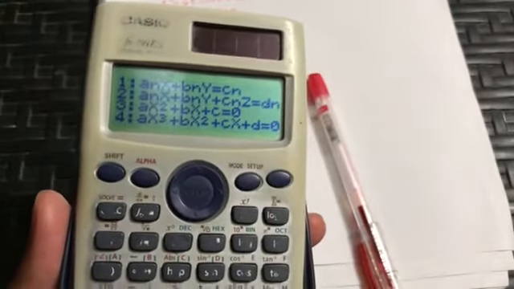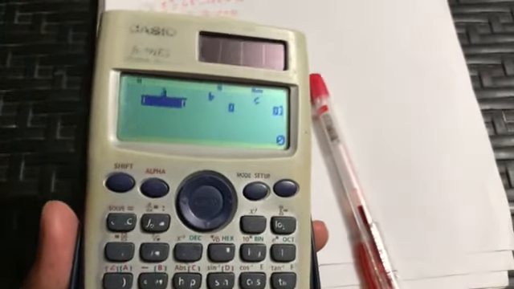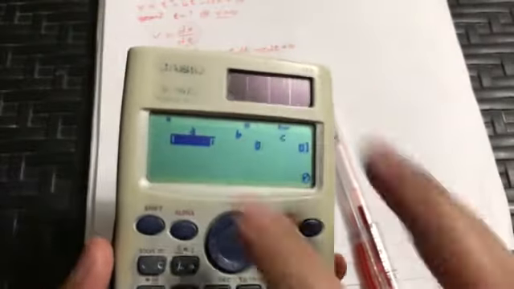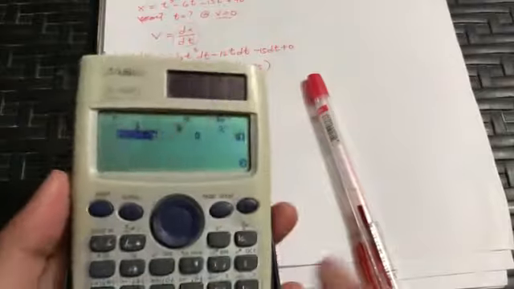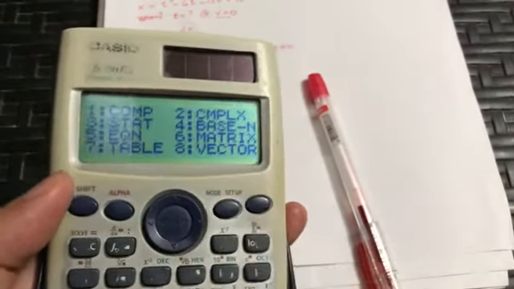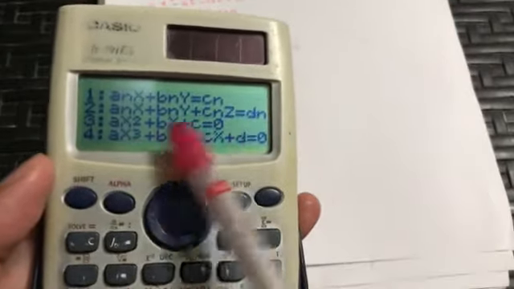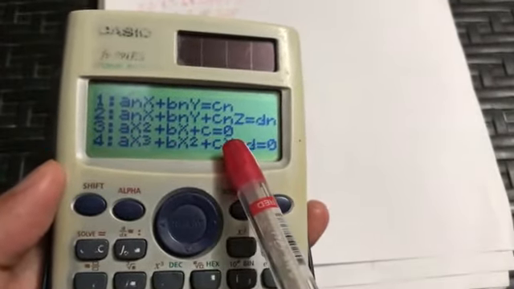I hope you have at least a scientific calculator that can do mode equation. We have ABC. Now what ABC stands for, we can actually look back at the calculator. If you notice, A, B, and C equal to 0.